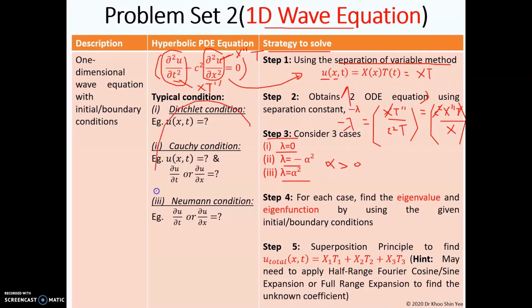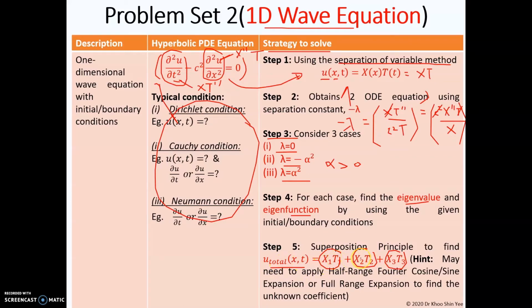From the given initial and boundary conditions for this PDE, you can find the eigenvalue and eigenfunction for each case. Once you find the solution for the first case, second case, and third case, you need to apply the superposition principle to find the total solution by taking the summation of all of the solutions.